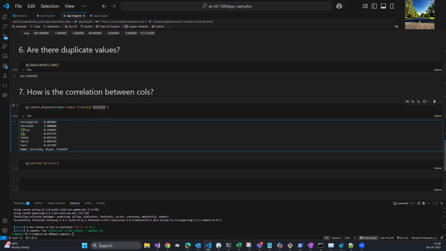And Pclass has a negative correlation. And here you will see that Fare has a very positive correlation.